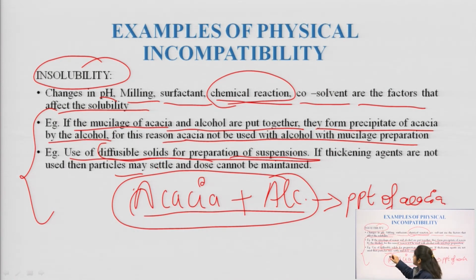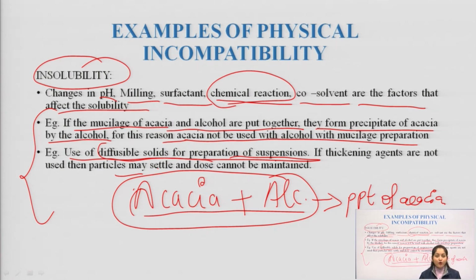So, these two are examples of insolubility, and as I just mentioned, insolubility can be due to change in pH, milling, chemical reaction, choice of improper solvent, and sometimes different types of chemical reaction.